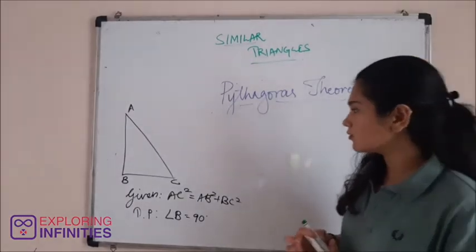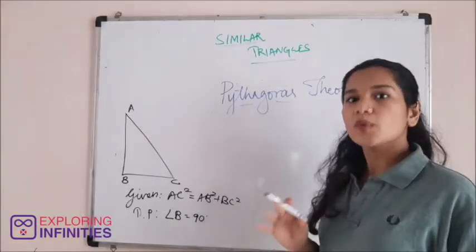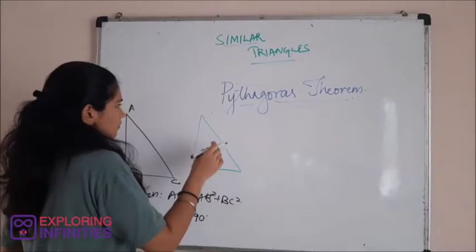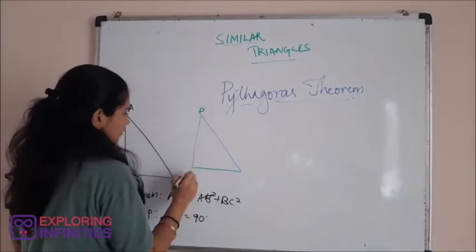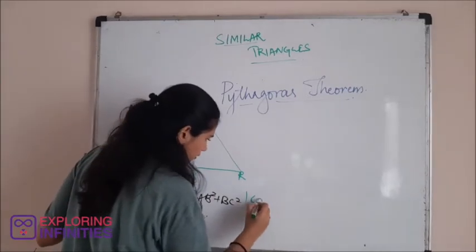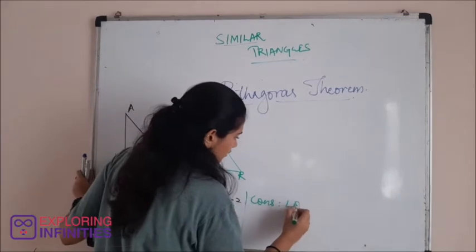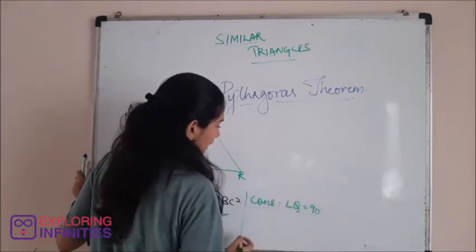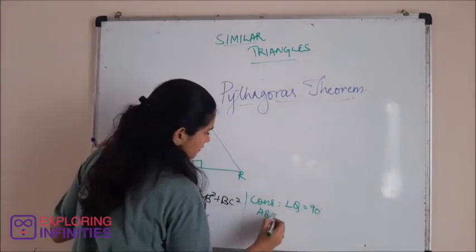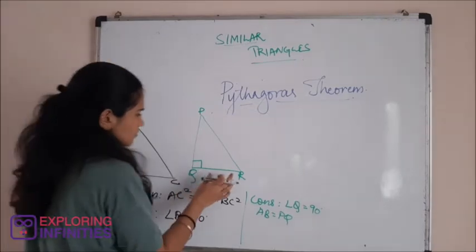So how would we do that? Here we will make use of a construction. We will construct a triangle PQR such that angle Q equals 90 degrees, AB equals PQ and BC equals QR.